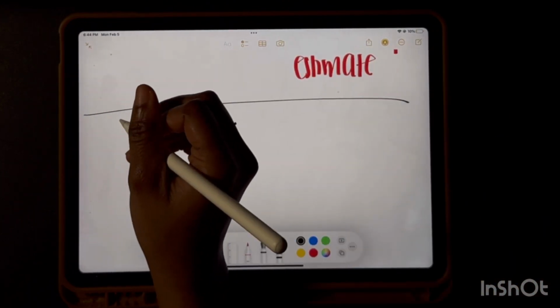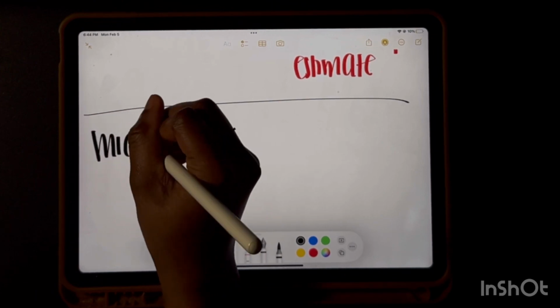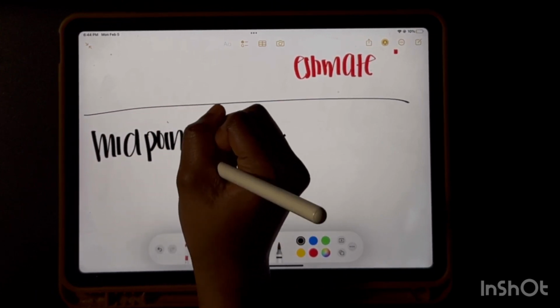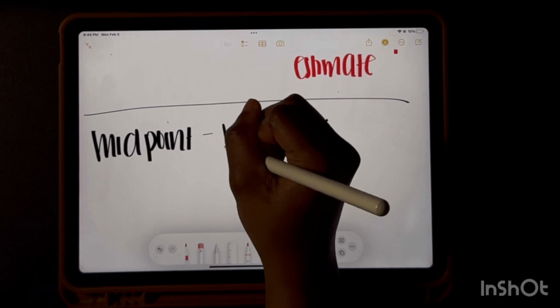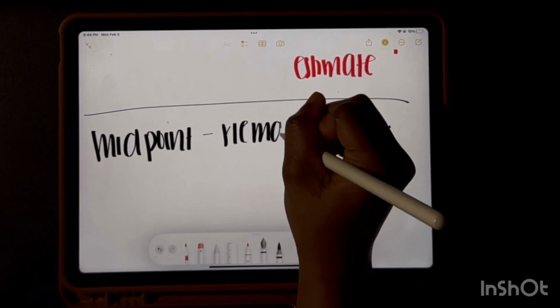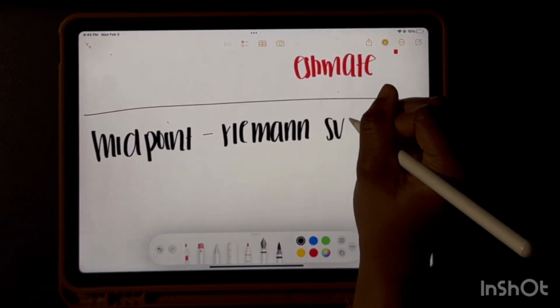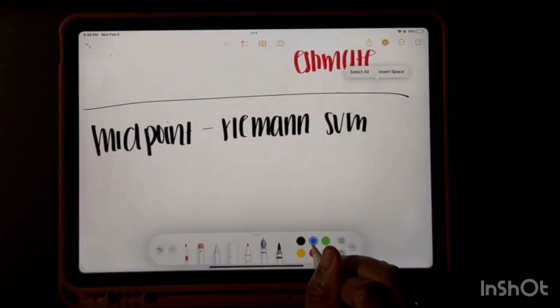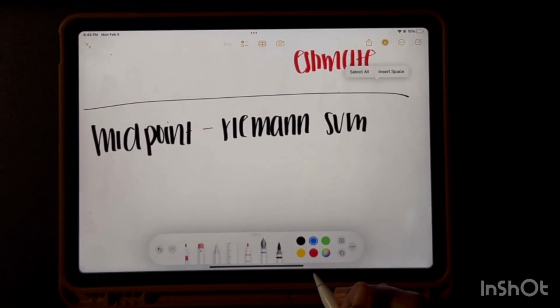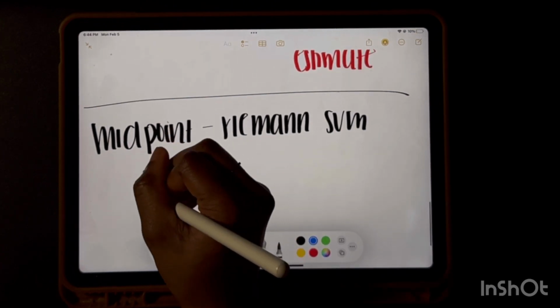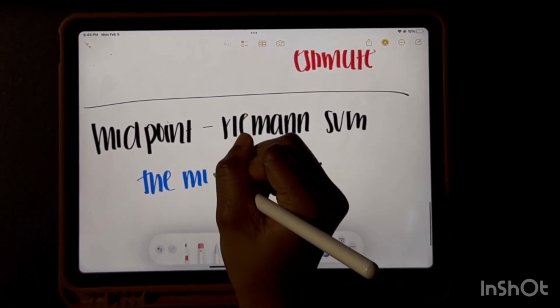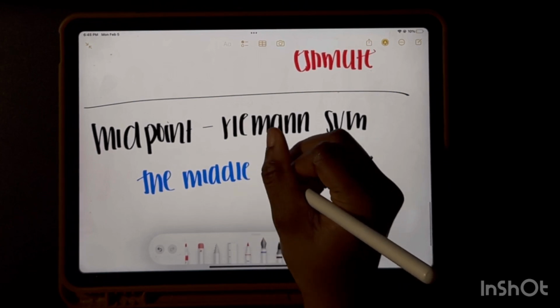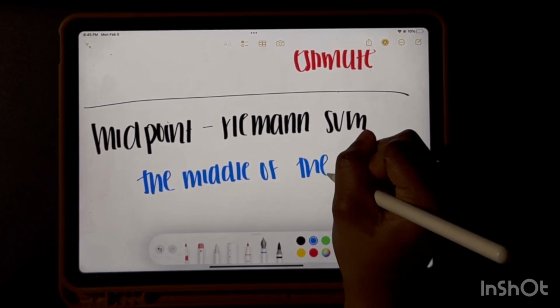Now let's look at the midpoint Riemann sum. Now this just means that you're going to use the middle of the subinterval.